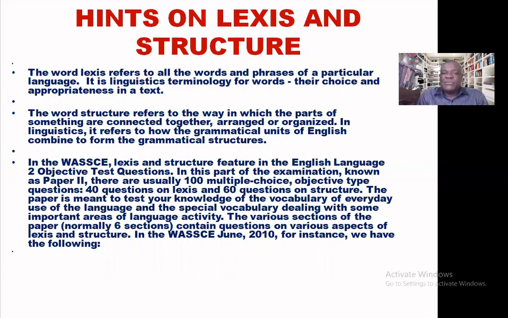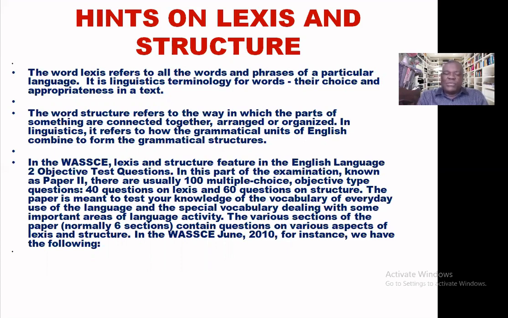The paper is meant to test your knowledge of the vocabulary of everyday use of the language and the special vocabulary dealing with some important areas of language activity. The various sections of the paper, normally 6 sections, contain questions on various aspects of lexis and structure.